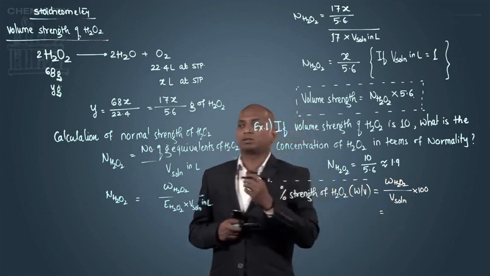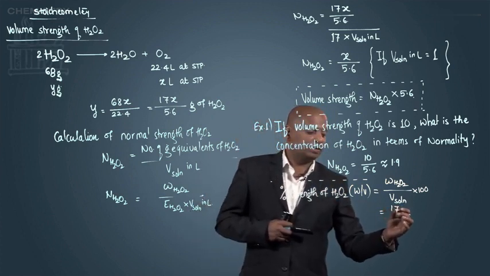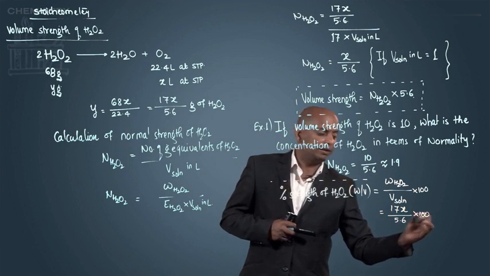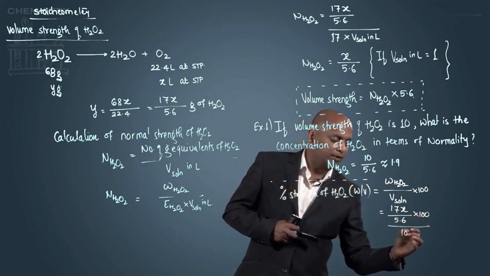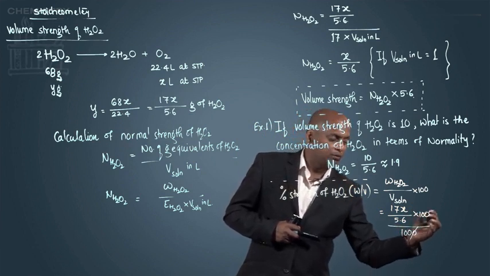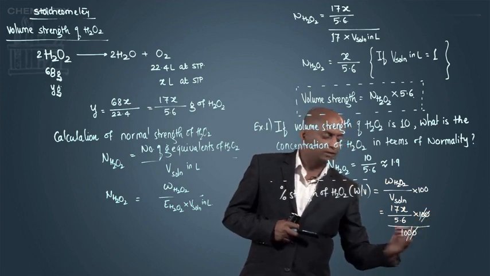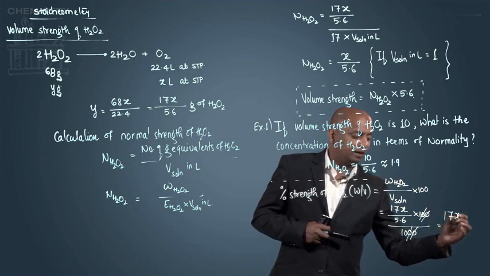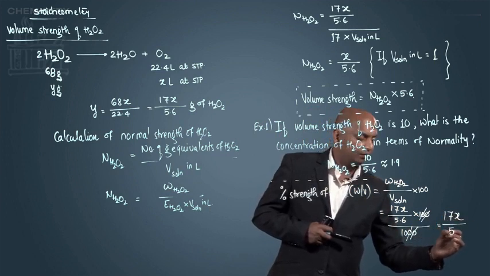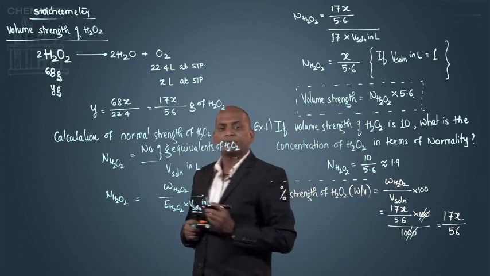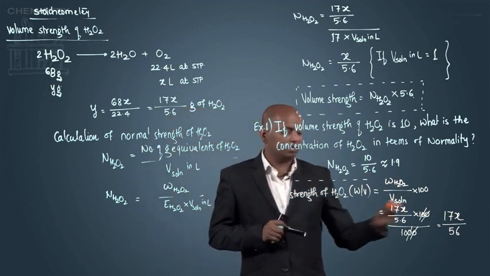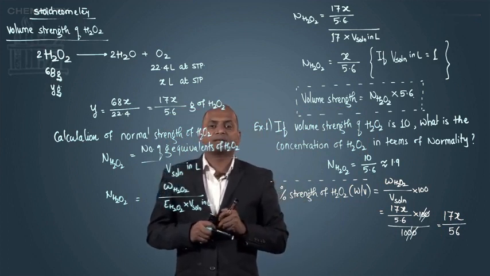So, the weight of solution we have is 17x divided by 5.6 multiplied by 100, and the whole is divided by 1000. If that is cancelled, we have now 17x divided by 56. So, even if we know volume strength, we can calculate percentage strength.